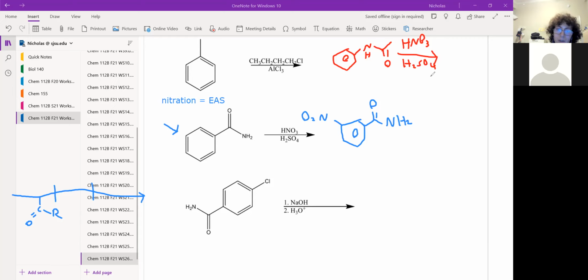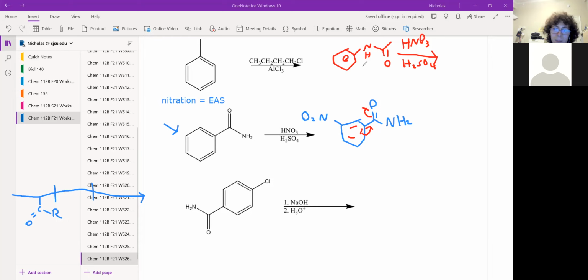And this is an ortho-para director because if you have the carbonyl carbon attached to the ring, that's electron deficient and it wants to pull electrons towards it. And it can do that by resonance. You can draw this resonance form, pulling electrons out of the ring. So remember, if carbonyl is attached to the ring, it's withdrawing.